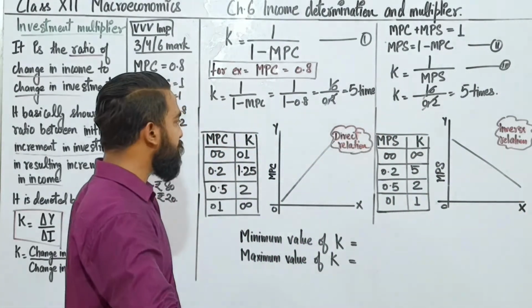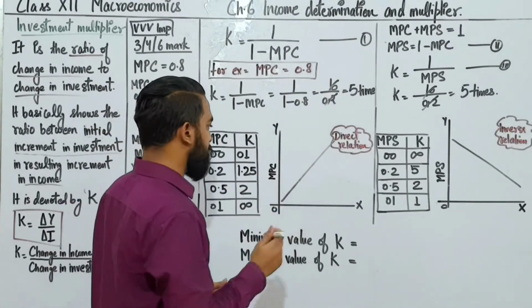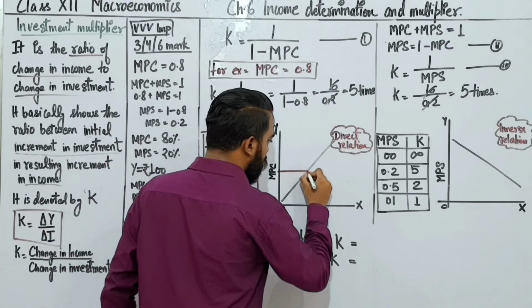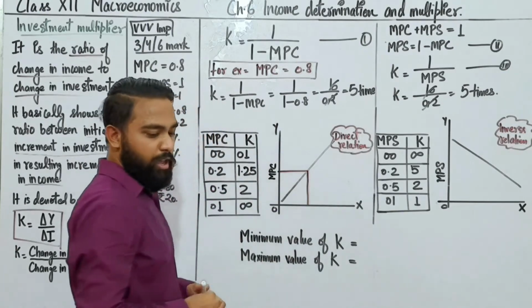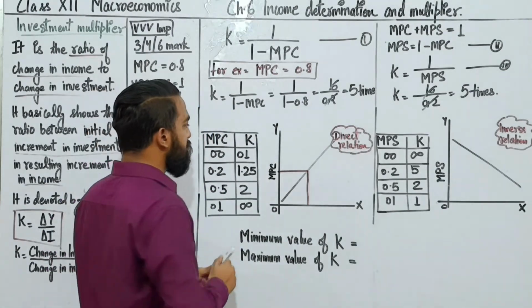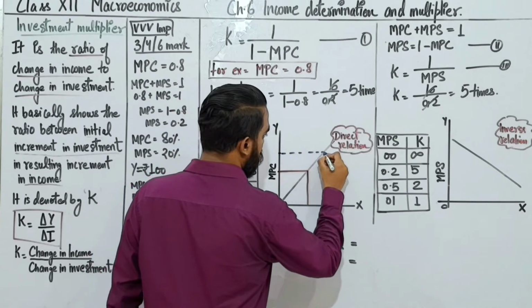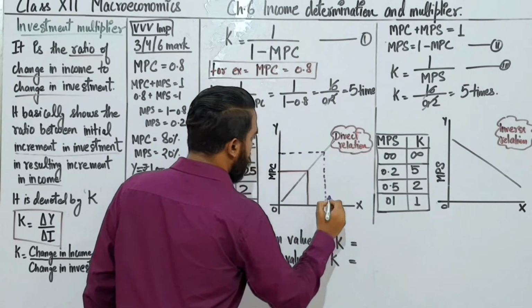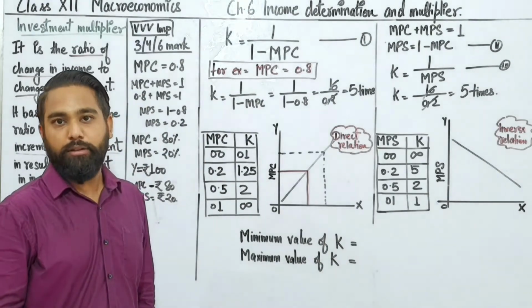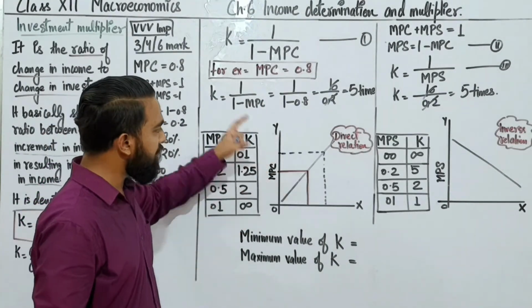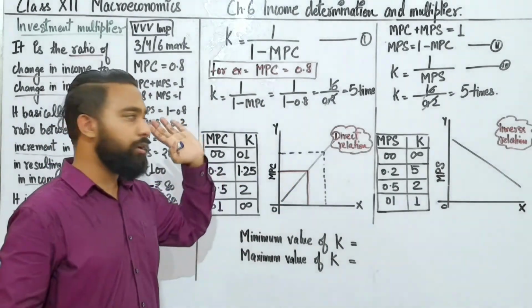Now suppose this was the point. If you increase your MPC to this point, the multiplier is also going to increase.